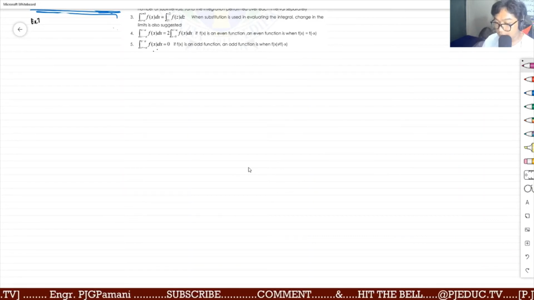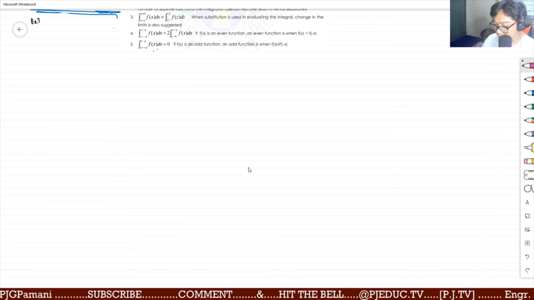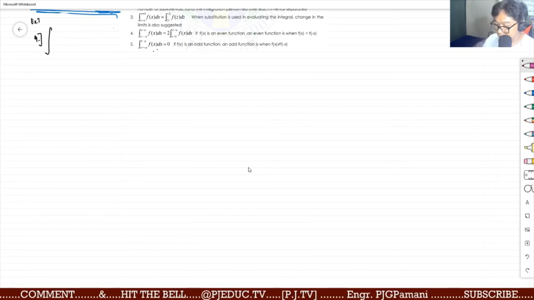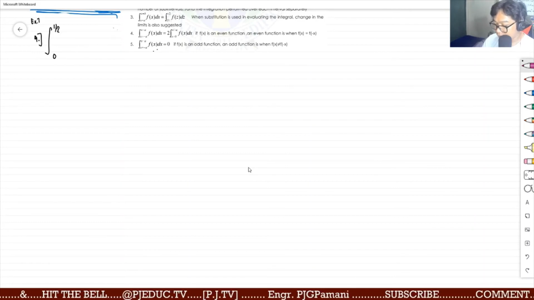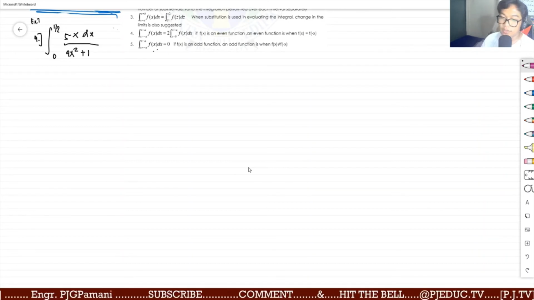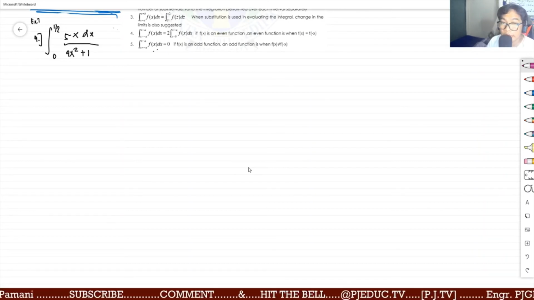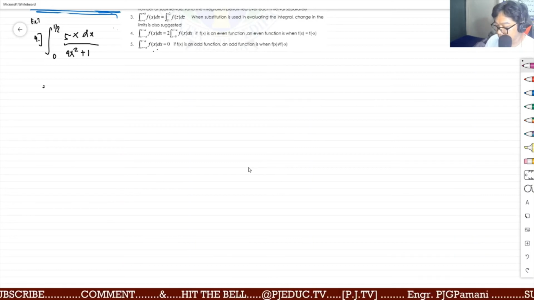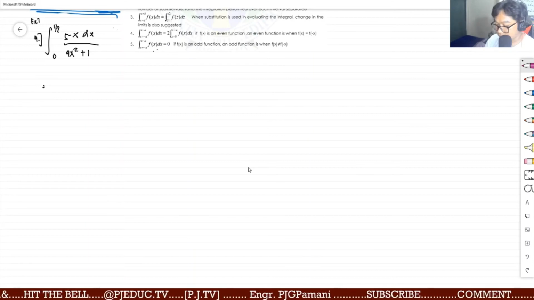How about you are now asked to evaluate the definite integral of 0 to 1 half of 5 minus x dx over 4x squared plus 1. Ano naman yan? Ngayon, paghiwalayin na lang muna natin yung ating numerator.